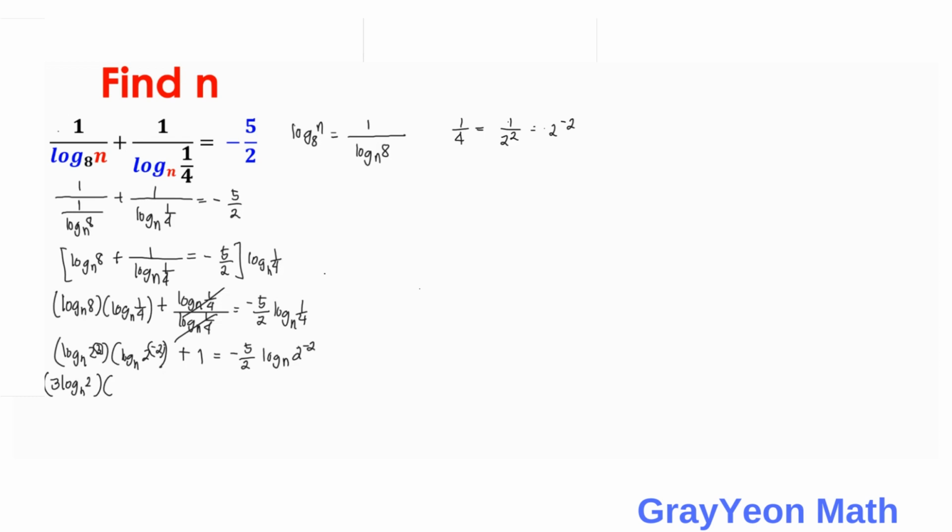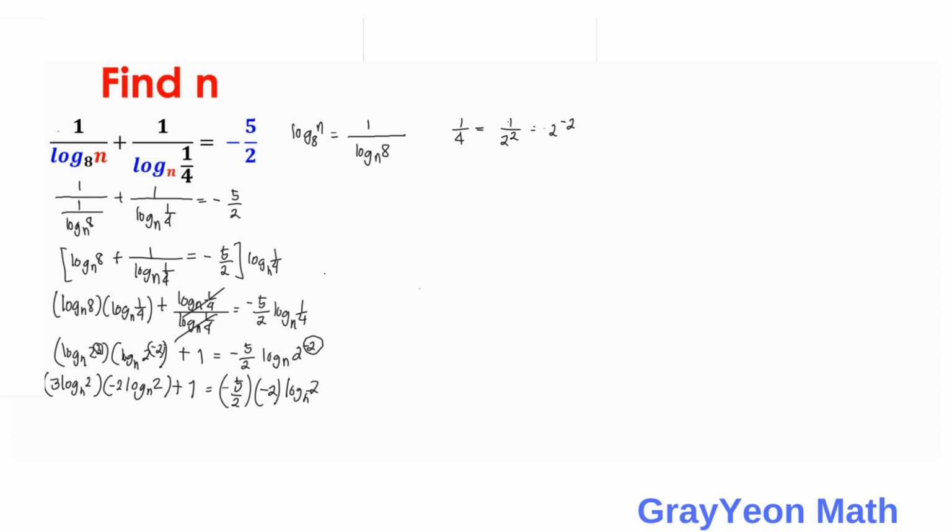The exponent can be put on the left of the logarithm, so negative 2 times the logarithm of 2 to the base n, plus 1. This is equal to negative 5 over 2 times, again with the exponent written on the left, negative 2 times the logarithm of 2 to the base n.